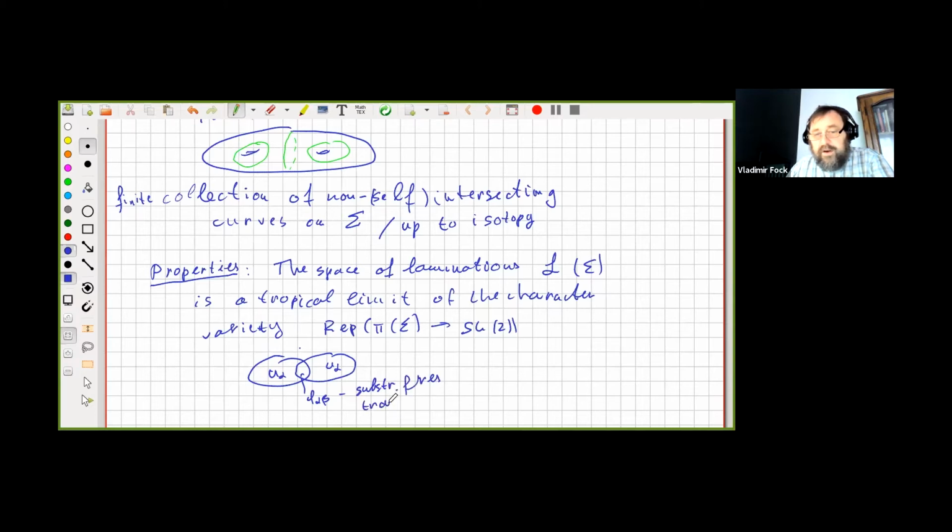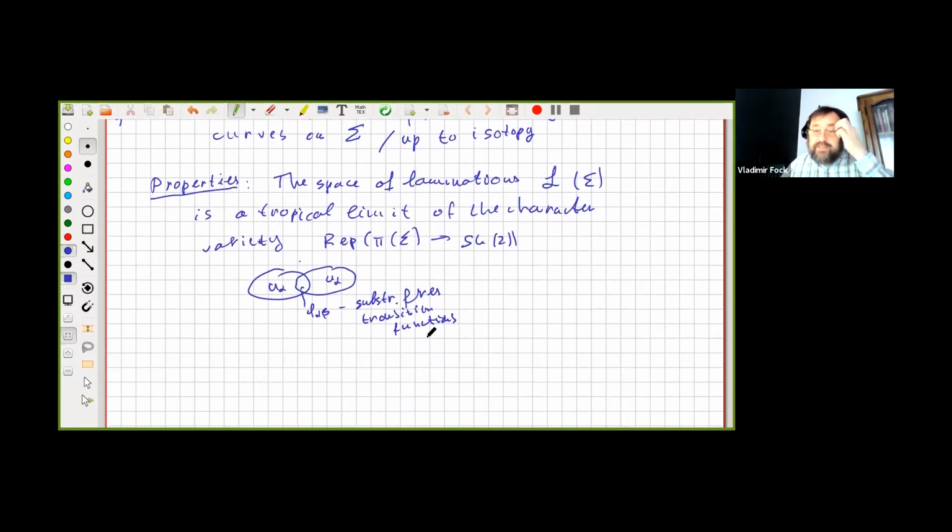So you can formally consider another variety given by the same functions, but over the tropical semi-ring, for example over Z tropical. If you take these functions over complex numbers, you get the representation space. If you replace them by functions over the tropical semi-ring Z tropical, then you get the lamination space.